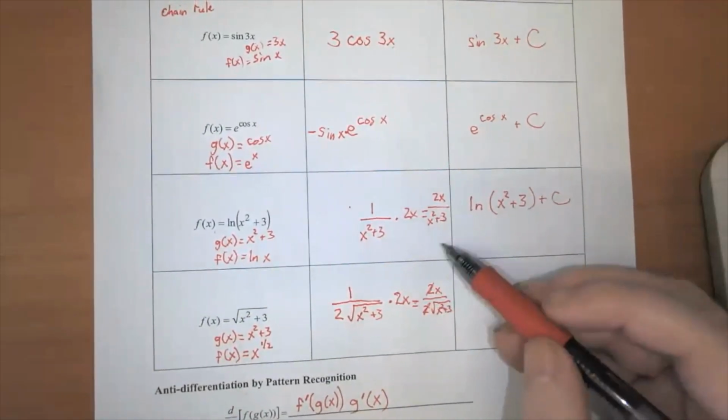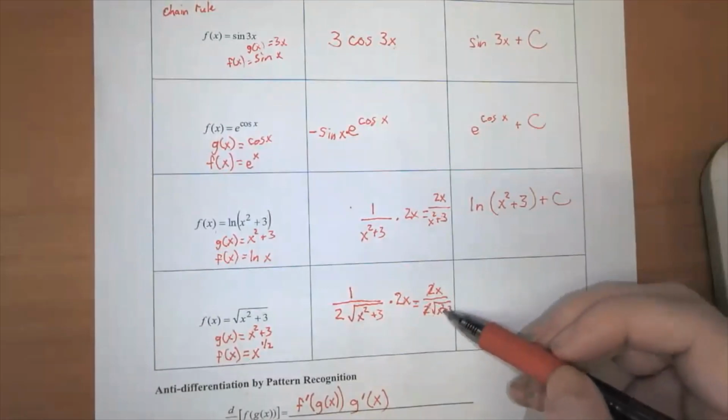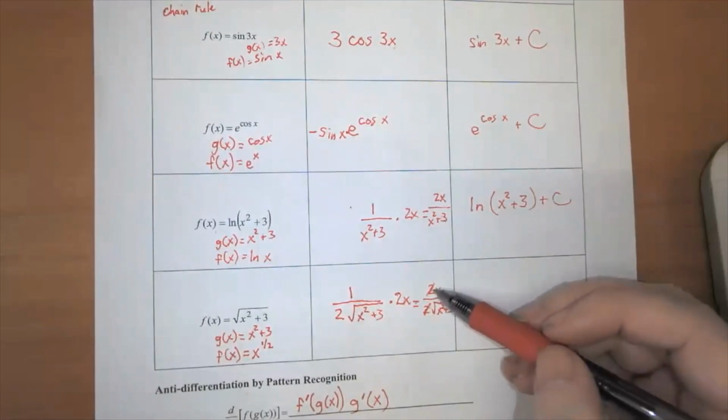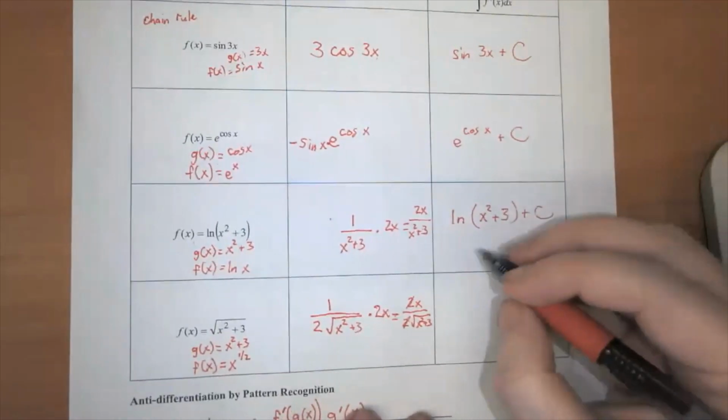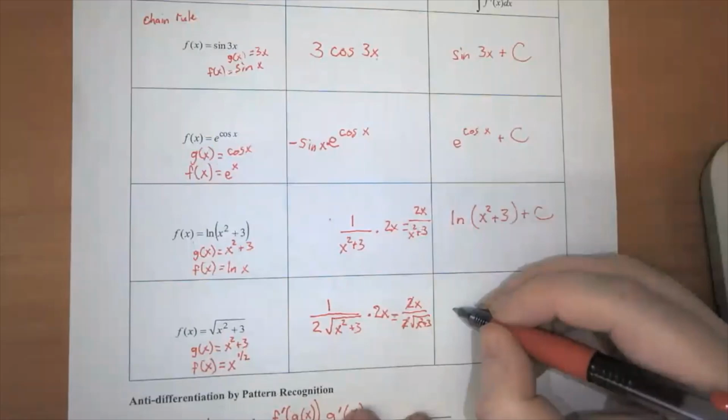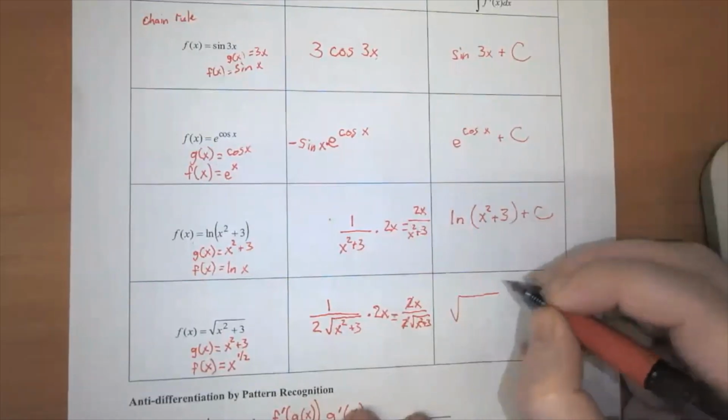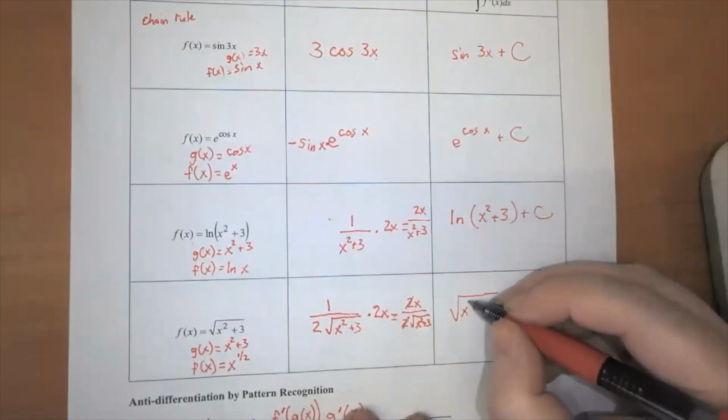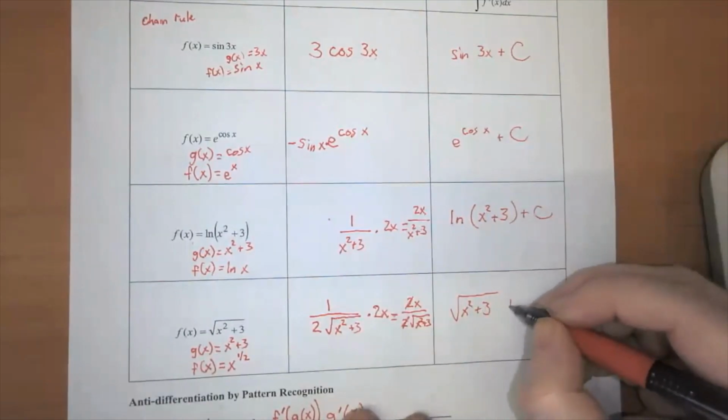So once again, we can kind of see a pattern here, that if I've got the square root of some function in the denominator, and then something kind of looking like its derivative in the numerator, that could give me a clue of how to take the antiderivative of it, the square root of x squared plus 3 plus c.